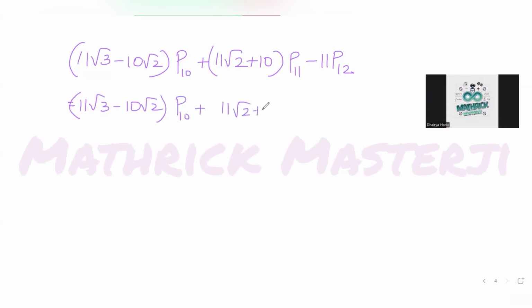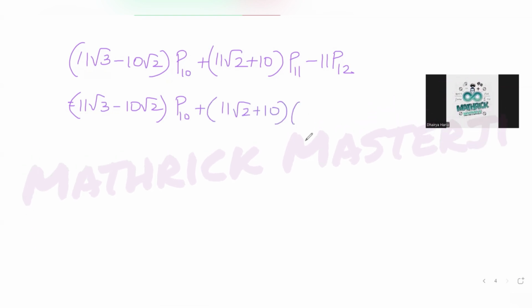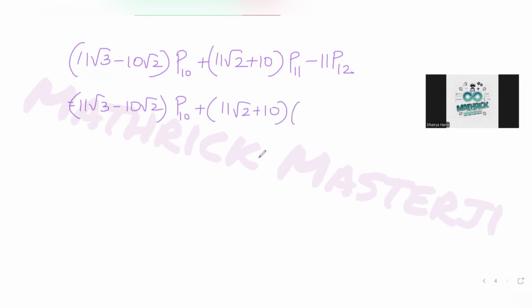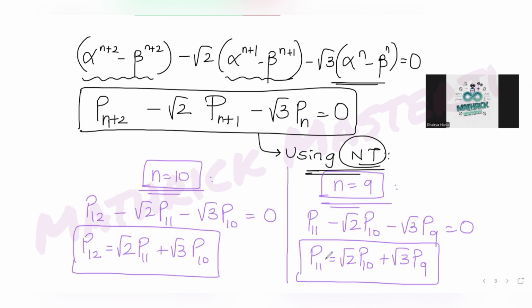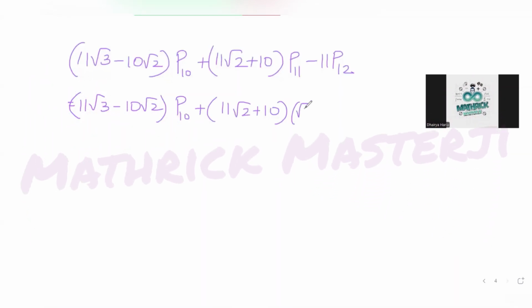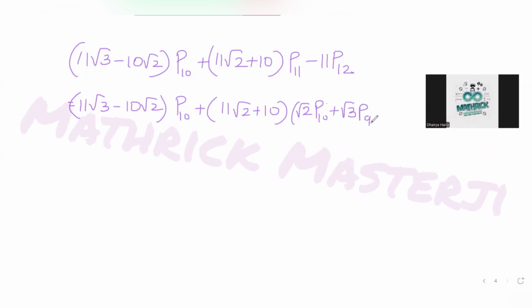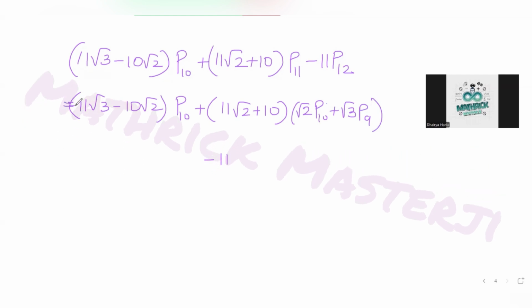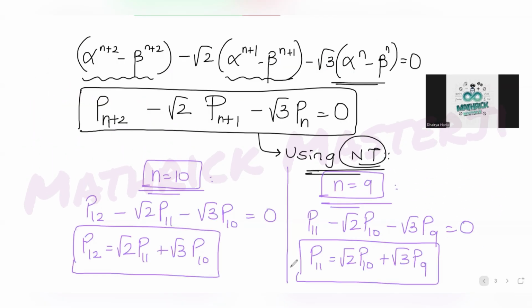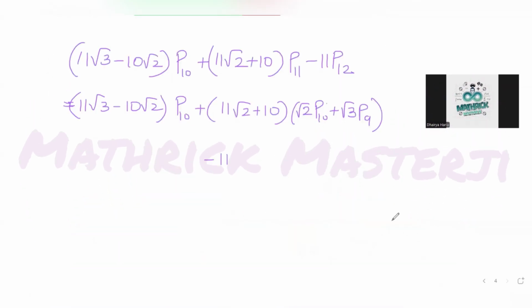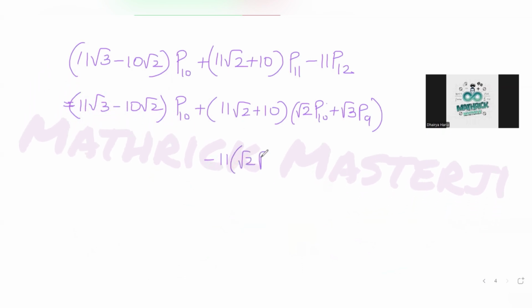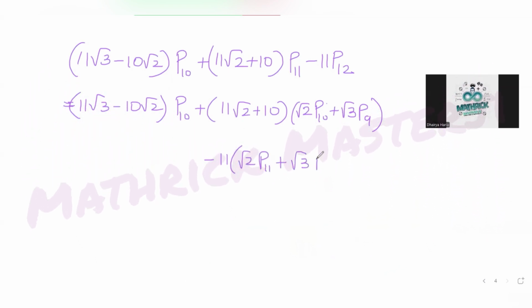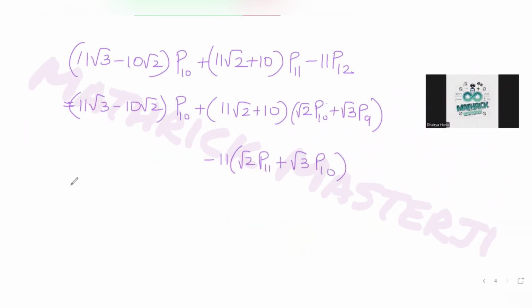For P11, that was given to me as root 2 times P10 plus root 3 times P9. Minus 11 P12, which I got as root 2 times P11 plus root 3 times P10.